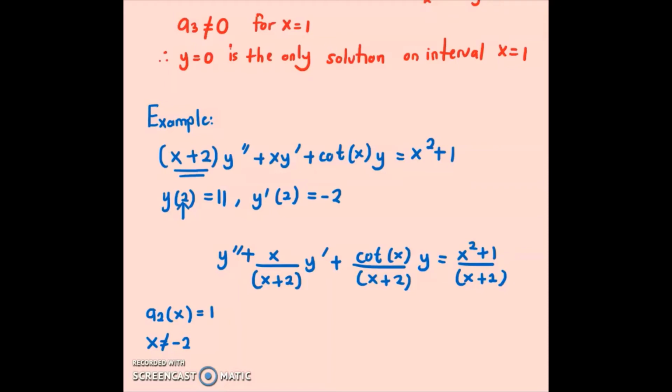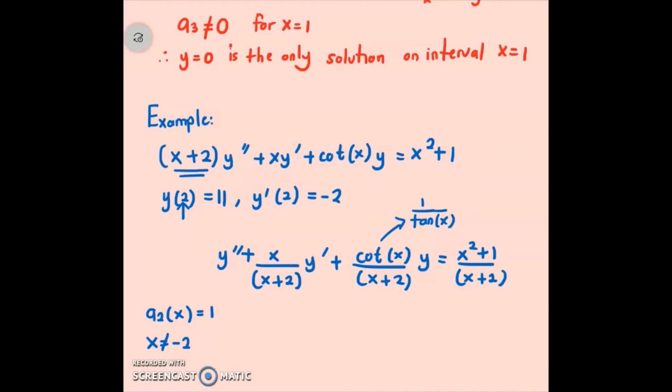So the solution exists. Now cot discontinuity occurs when, cot is 1 over tangent x, right? So discontinuity occurs when x is 0, -2, because you're going to divide by 0, and then plus minus pi, 2 pi, 3 pi.